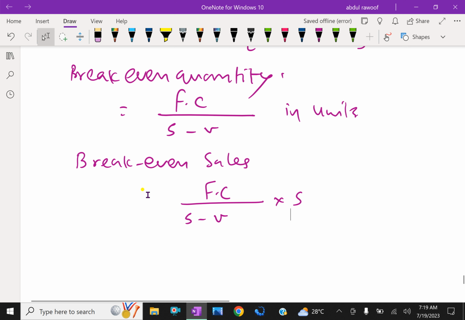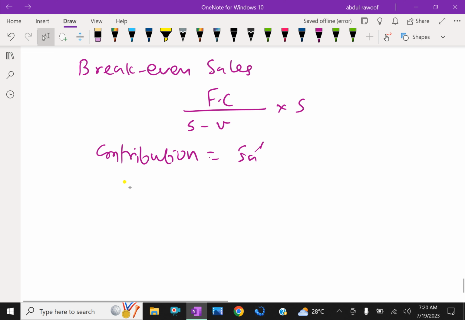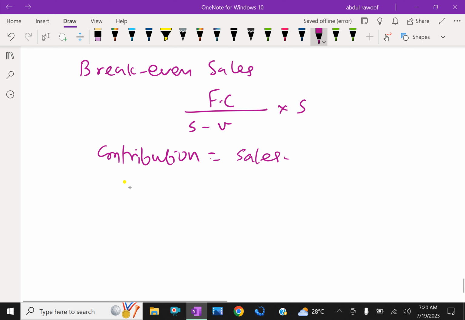The contribution is the difference between the sales and variable cost. Therefore, the margin of safety is the sales over and above break-even sales. The formula to compute this: contribution equals sales minus variable cost.